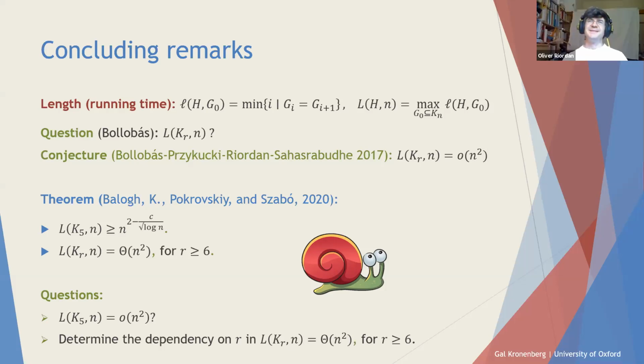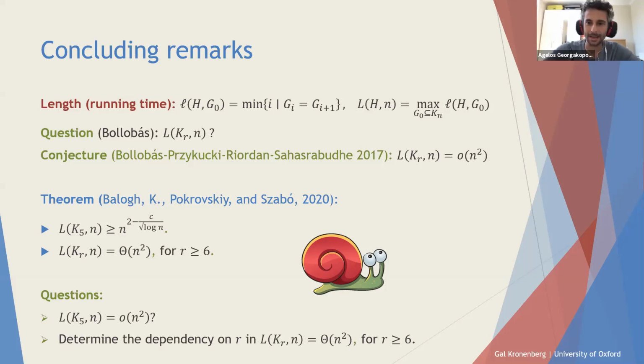Okay, thank you. And then one final question, I think, from Agelos Georgakopoulos. Agelos, you're unmuted, so you can speak. Thanks. Essentially Alex asked my question, but I've written a refined version of it in the chat. Is it true that for every dimension D of a hypergraph, there is an R such that the length of K_R^D, the complete D-regular hypergraph on R vertices, has the maximum possible length?